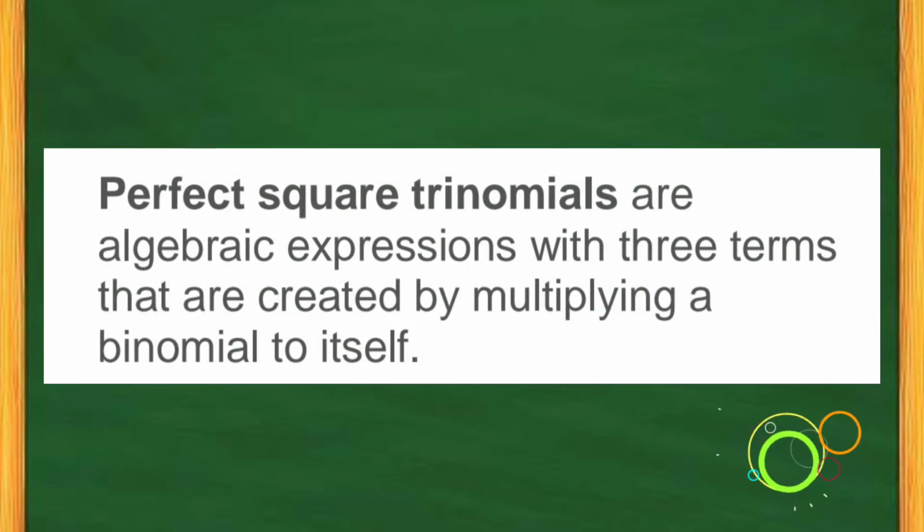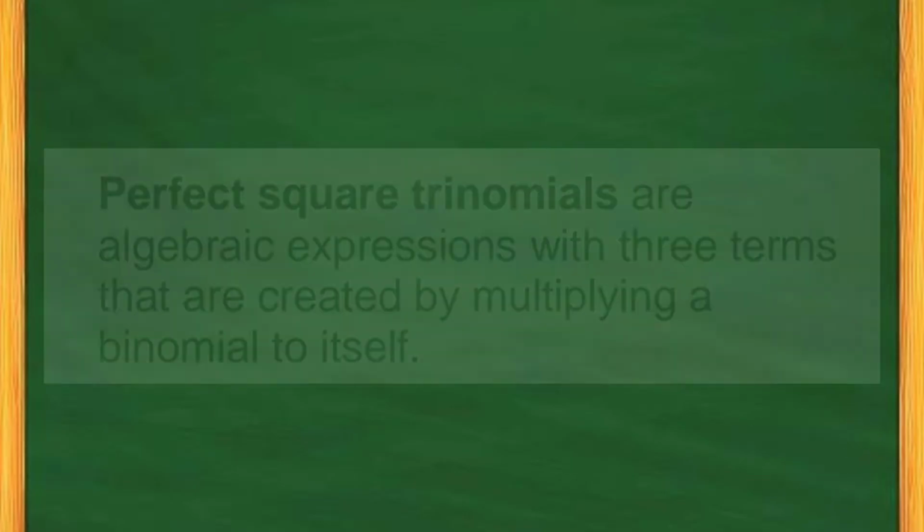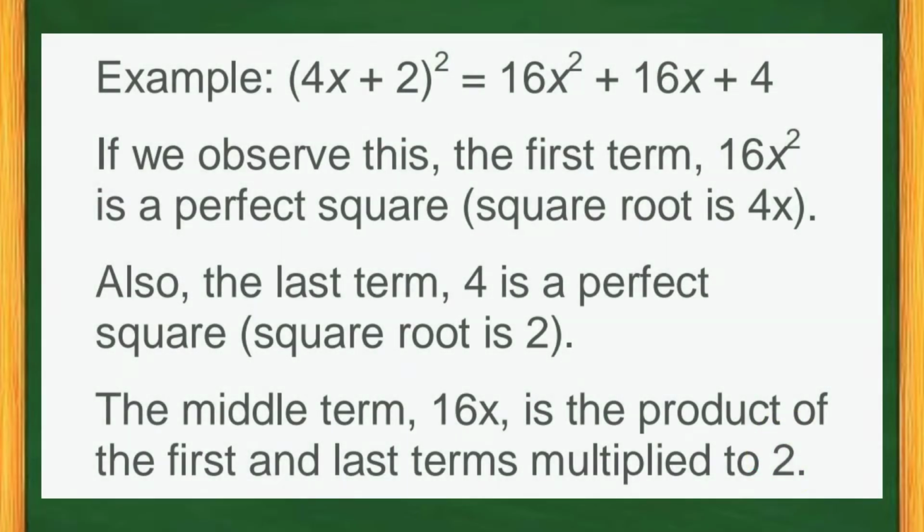Ngayon naman, ano nga ba ang isang perfect square na trinomial? So it is an algebraic expression with 3 terms that are created by multiplying a binomial to itself. So kung meron kang isang binomial, tinimes mo sa sarili niya, automatic ang sagot doon ay isang perfect square na trinomial.